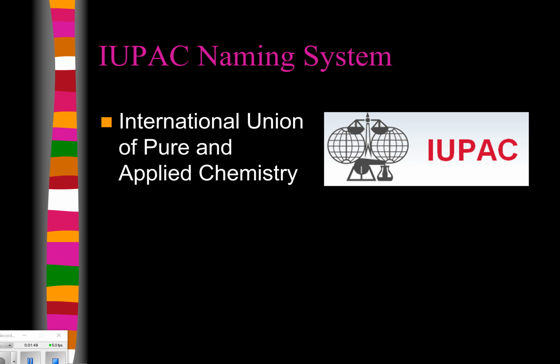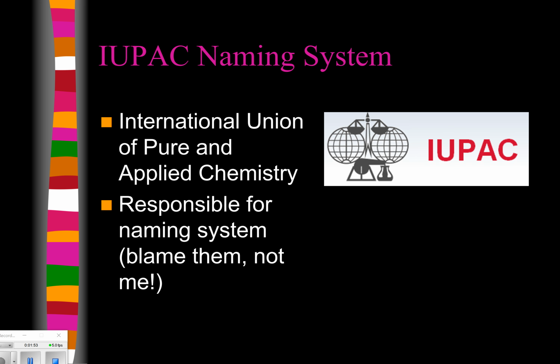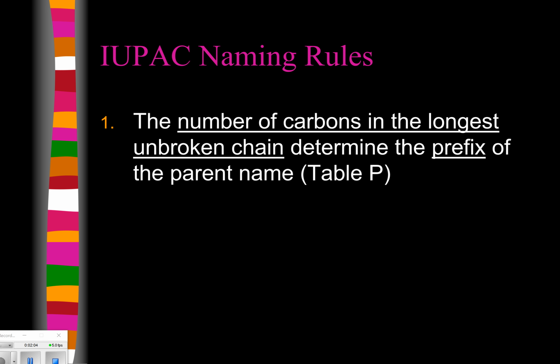Now, IUPAC is the organization that is responsible for the naming system for these organic molecules, called the International Union of Pure and Applied Chemistry. We've heard of them earlier in the year as well. So the rules for naming these compounds are probably one of the more important parts of what you're going to need to know.